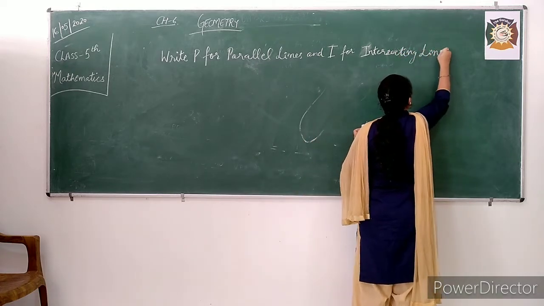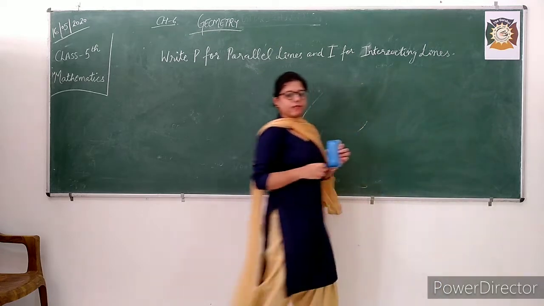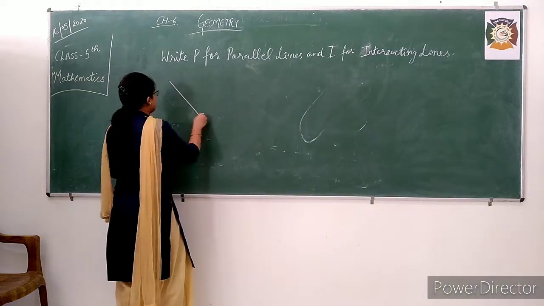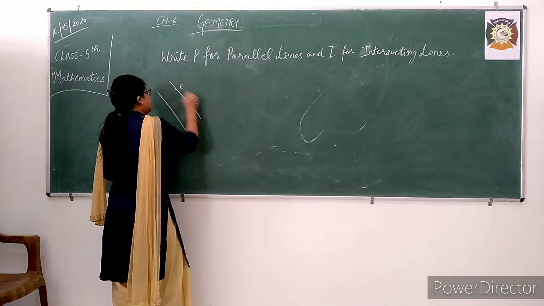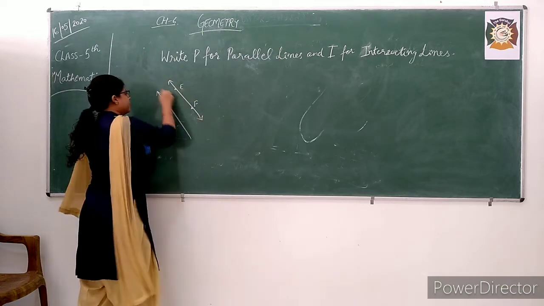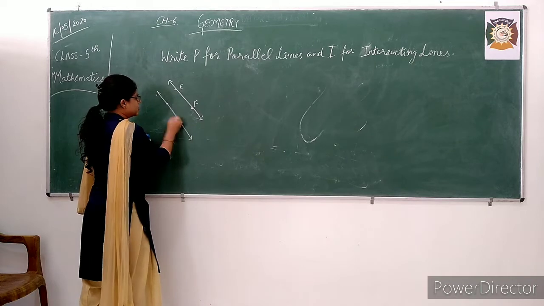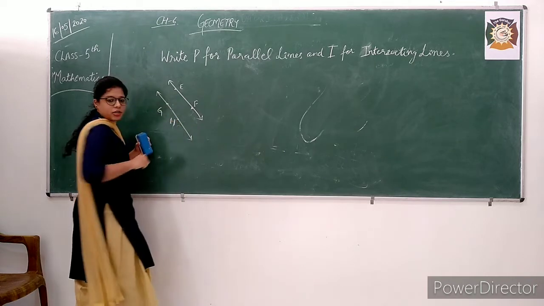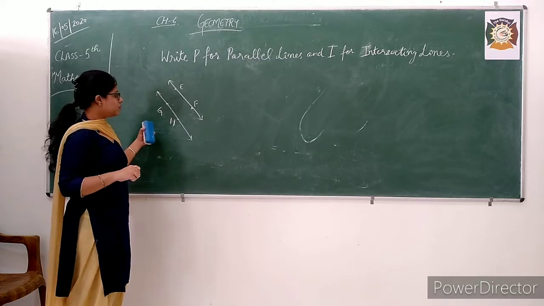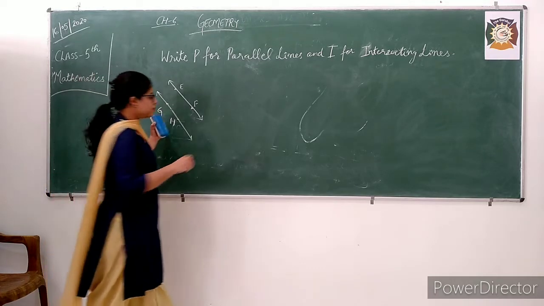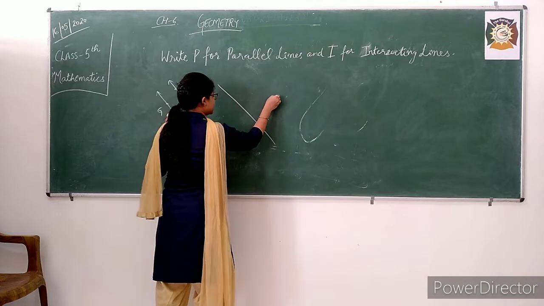Okay, students? The three diagrams that you are given are line EF and line GH. We can clearly observe if it is a parallel line or intersecting line. Keep answering in your mind. Then I am going to solve it.